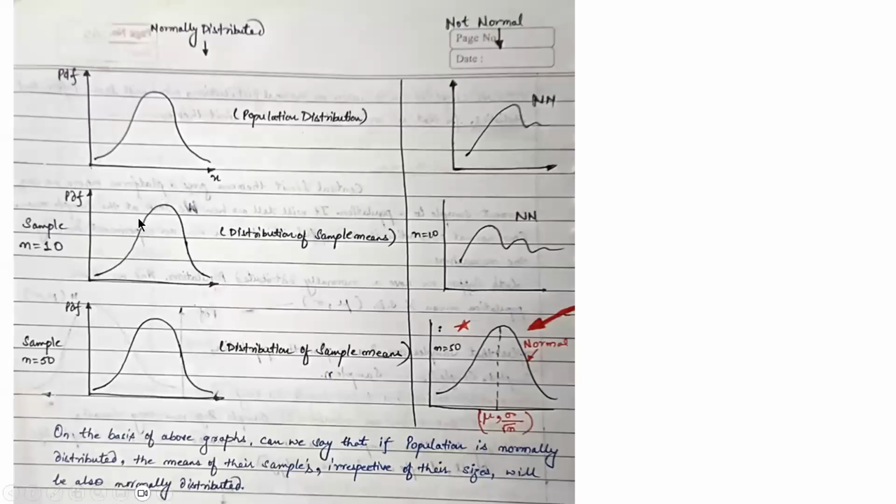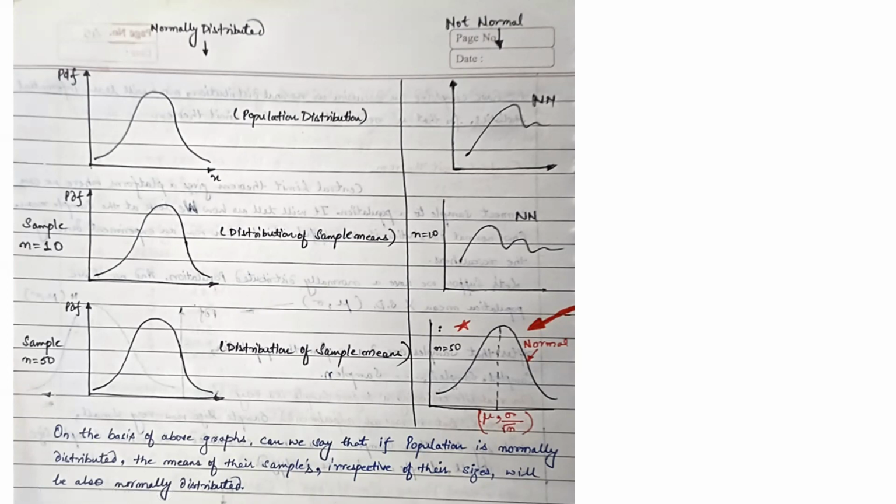So when the population was normally distributed and the sample size was 10, the distribution of sample means was also normally distributed.